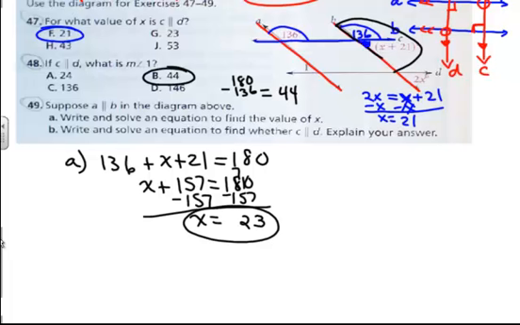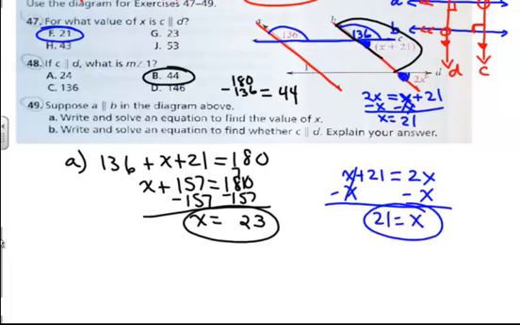And if we know x is 23, then, it says write and solve an equation, I would need to know that x plus 21 would have to equal 2x if C is going to be parallel to D. And we already solved this equation in the other problem. 21 would have to be x, and the reason is the converse of the corresponding angle postulate. That's how you explain your answer.